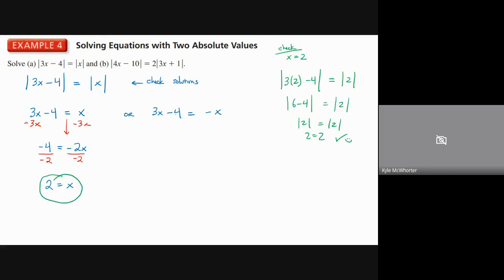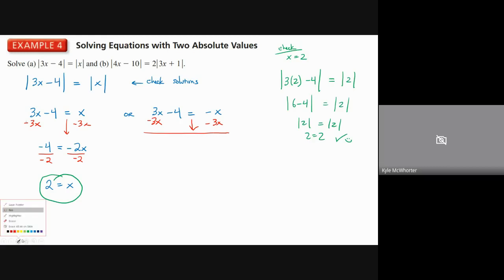Now let's check the other equation to see what solution we get there. I'll do the same steps. I'll subtract 3x from each side of the equal sign.